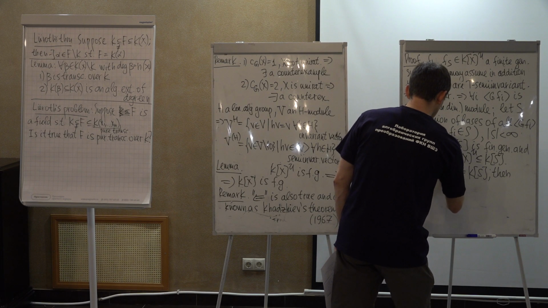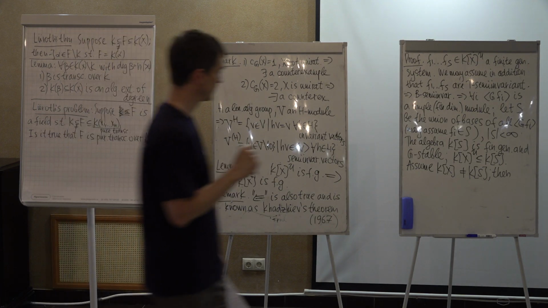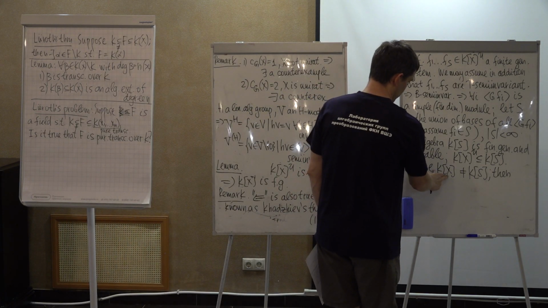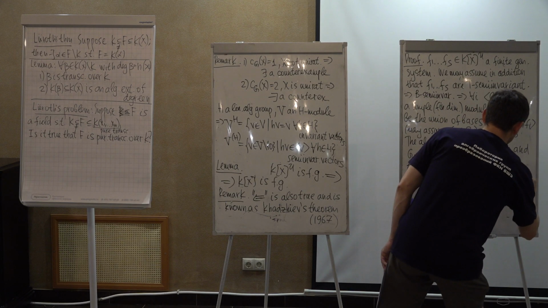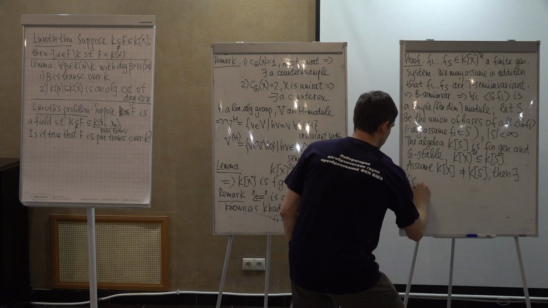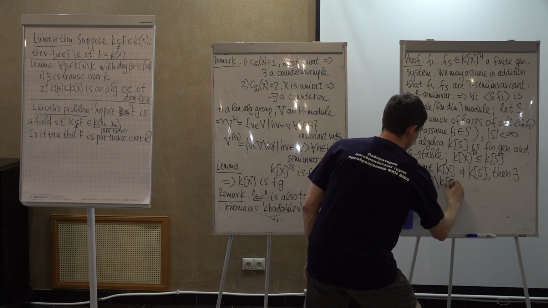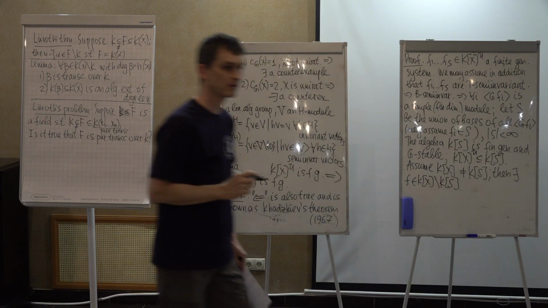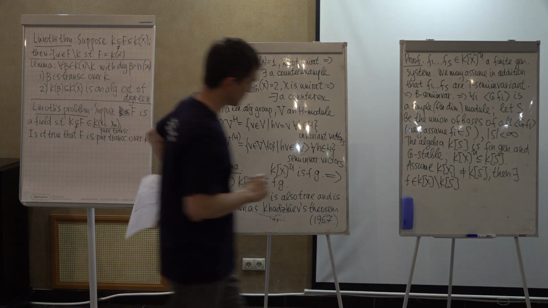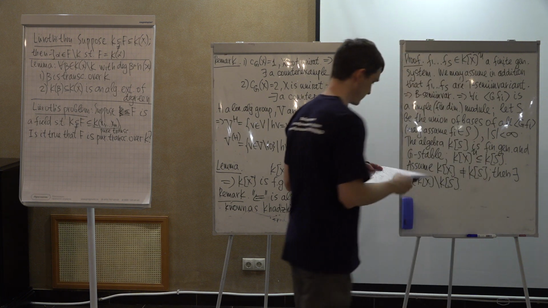Then there is a function, an element f, which is in K[X], but not in K[S]. Then we can generate a G module by this function.